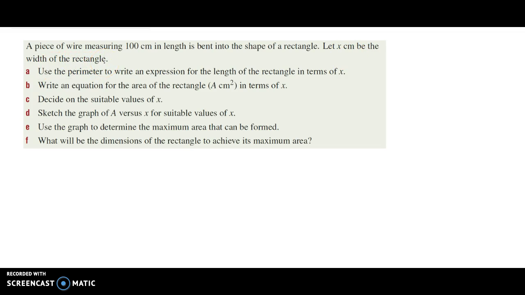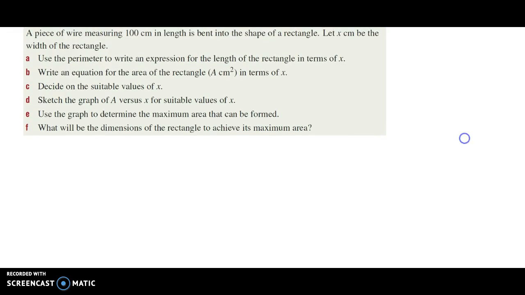Now, sometimes with these application questions, it can be helpful to draw a diagram. Not always, but if the question lends itself to one, then it can be really helpful. So let's draw up a rectangle.